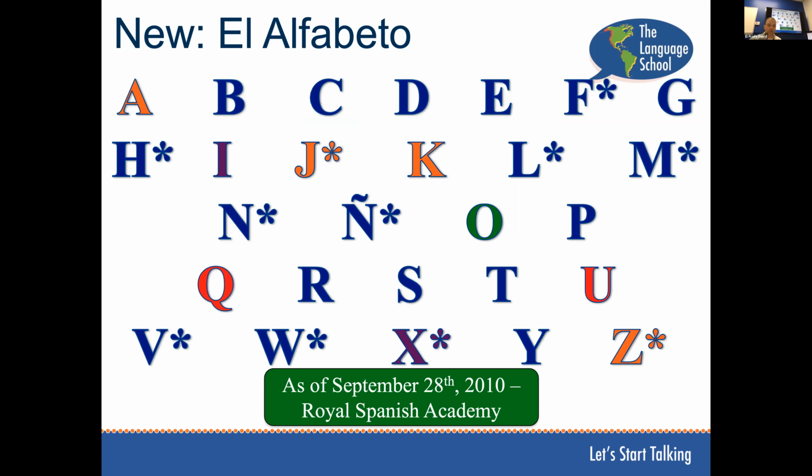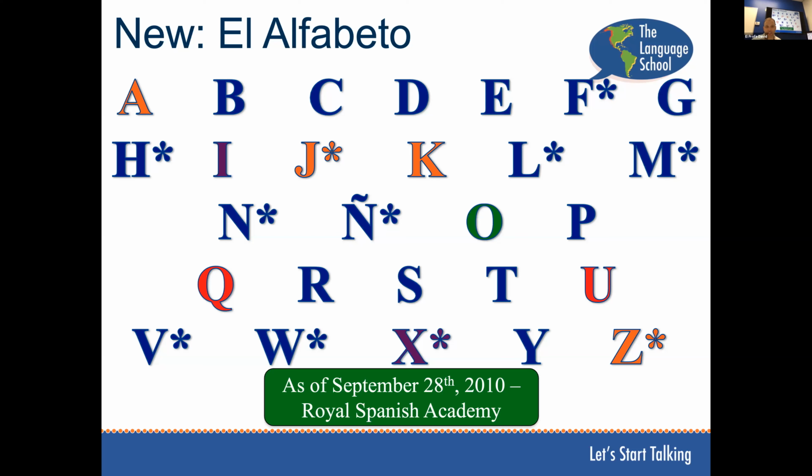Now, I do want to share with you a little bit of information about the Spanish alphabet. Who here studied Spanish in either high school or college at some point? I did. I see a couple of hands going up. So yeah, the Spanish alphabet actually went through an official change in 2010.